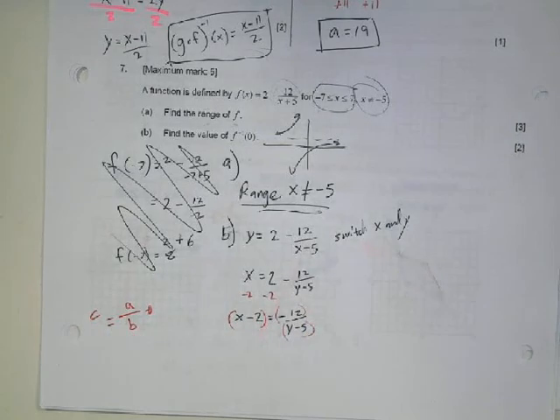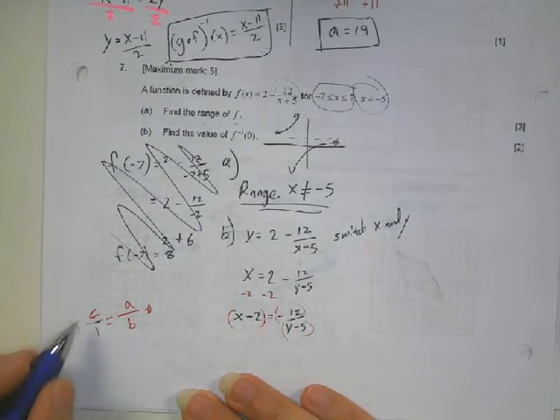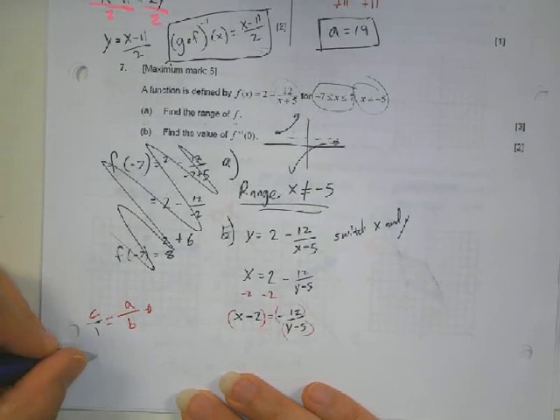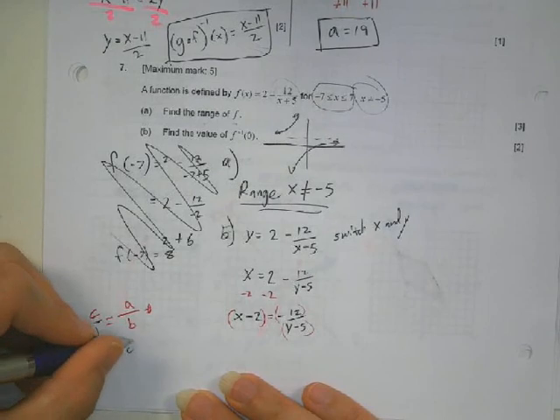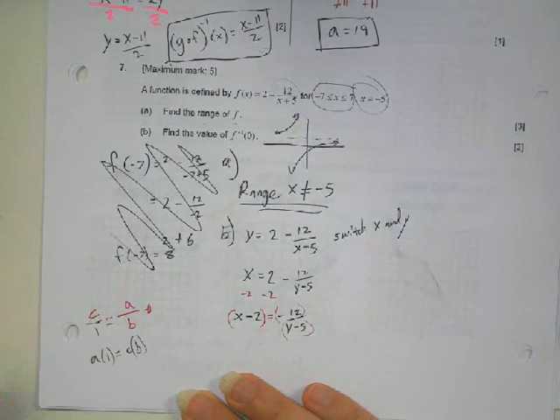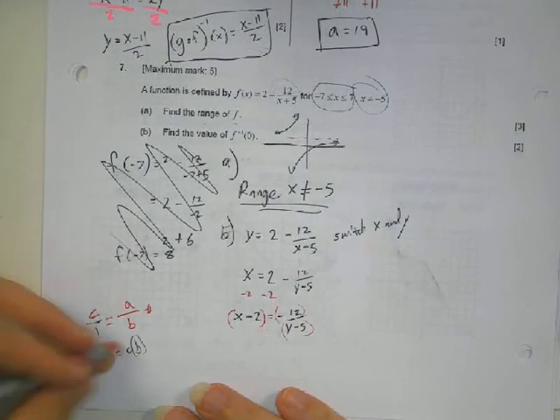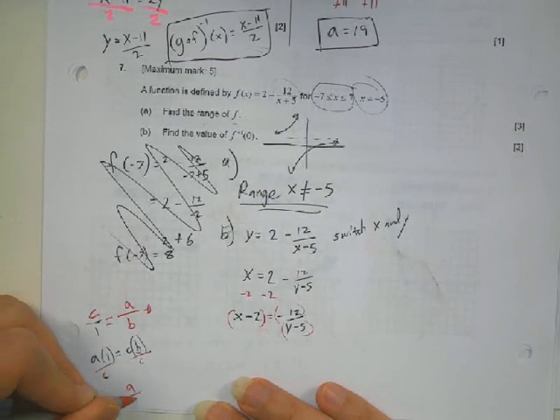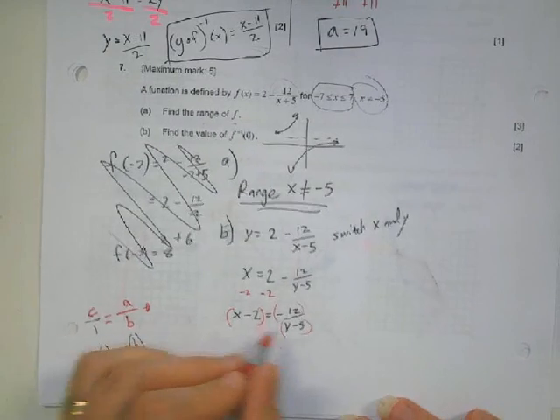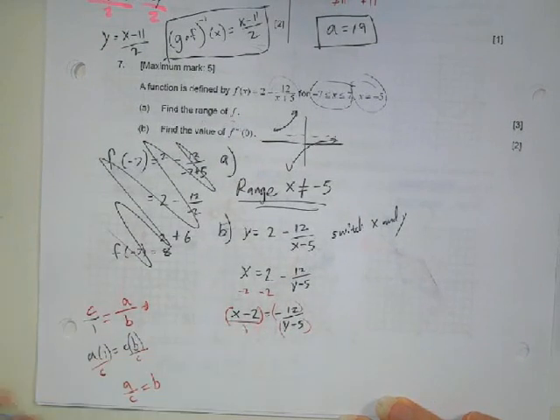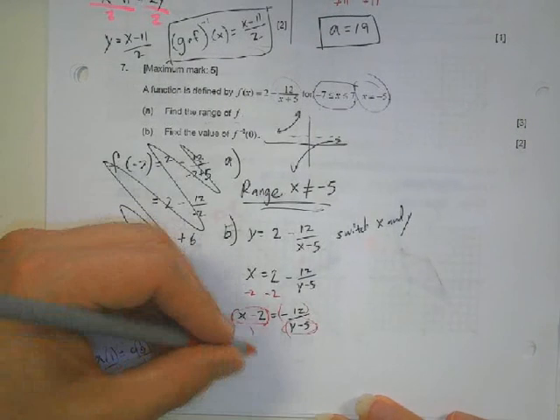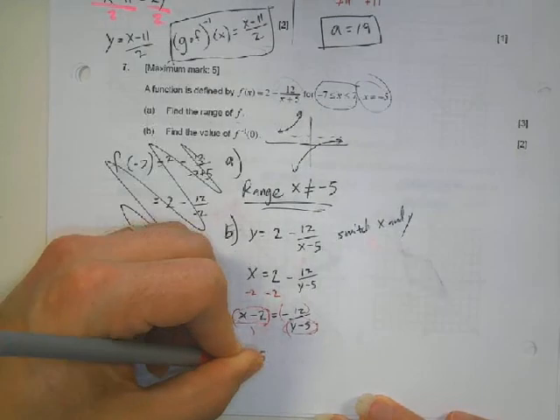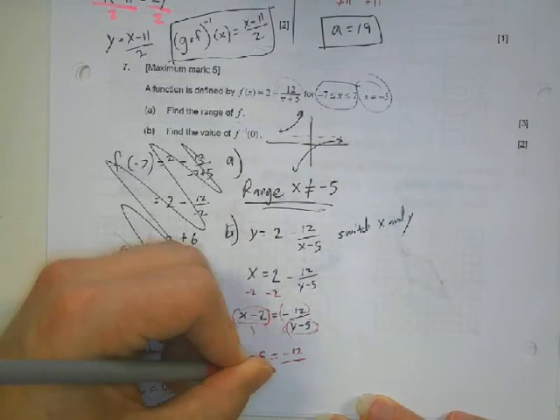I could write this over 1 and cross multiply and say a times 1 equals c times b. And then I could divide both sides by c. And then I would have a over c equals b. What I'm doing is I'm going to switch these guys here, and it's going to give me the same sort of thing. So I would have y minus 5 equals -12 over (x minus 2).